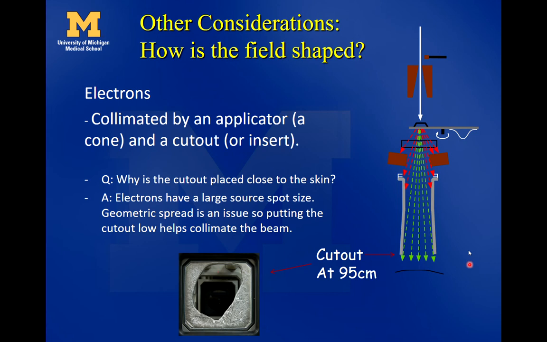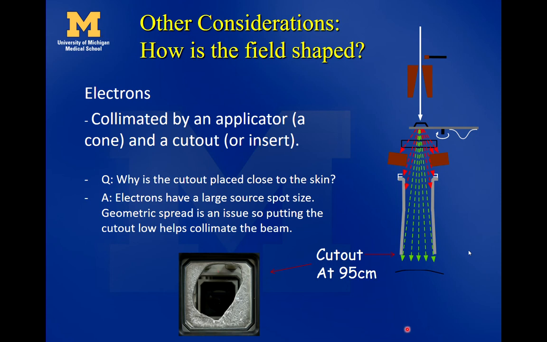Well, the electrons have a large source spot size and a lot of geometric spread. So it makes putting the cutout as close to the patient's body surface as possible advantageous. In fact, in radiotherapy, anytime you have a lot of geometric spread of the beam, whether it be X-rays or electrons, it's always good to put a collimator closer to the surface.